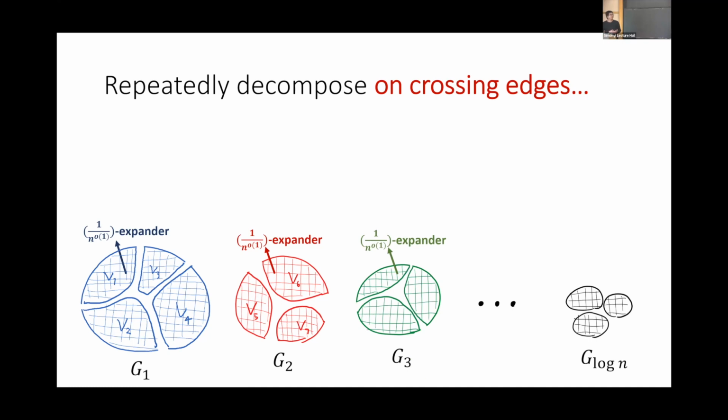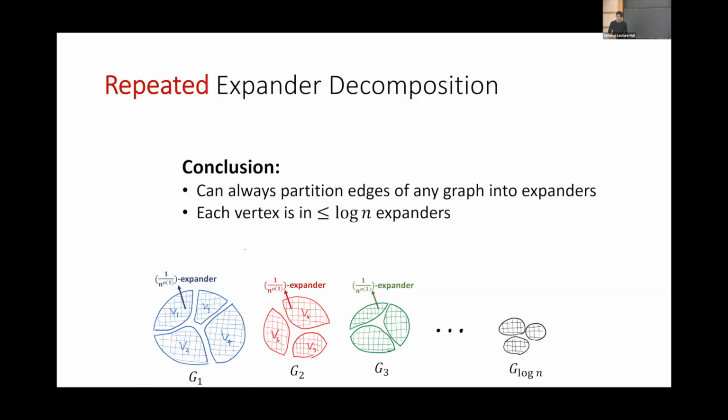You can repeat only log n times because each time, the number of edges in the graph shrinks by half. It means that by repeated expander decomposition, you have any graph, you just partition its edges into disjoint expanders.